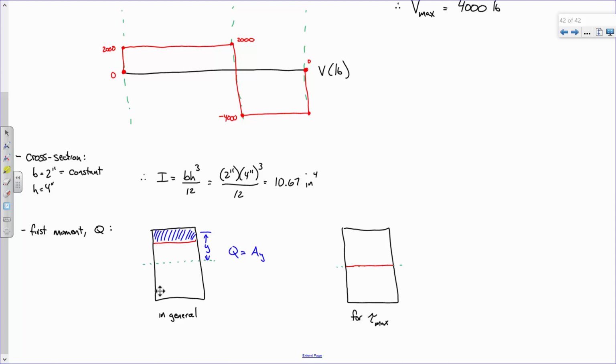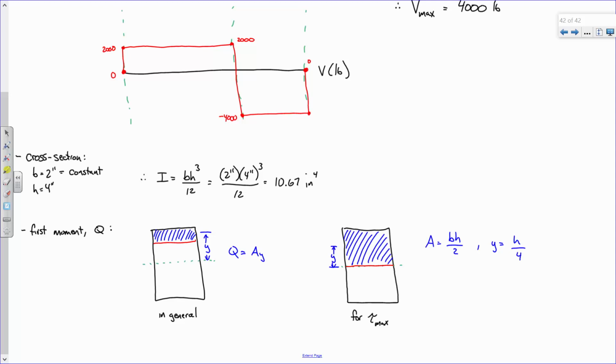right? So what we need is that area. So that area is what? BH over 2, right? And then the moment arm H over what? 4.